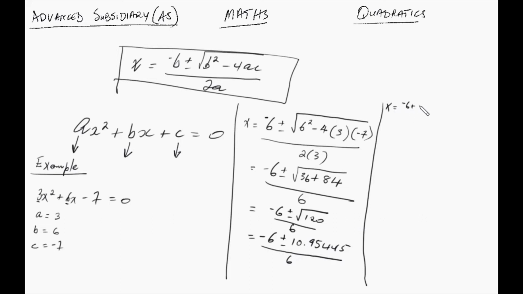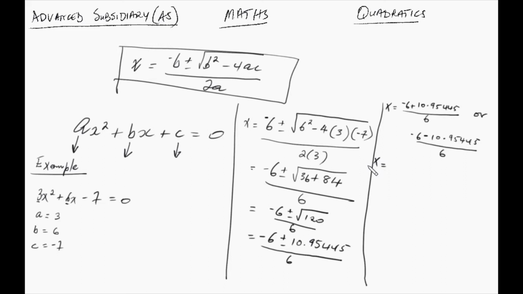Therefore, we are going to say x is equal to negative 6 plus 10.95445 over 6, or negative 6 minus 10.95445 all over 6. We can work out this.